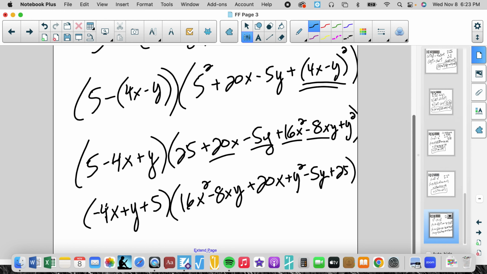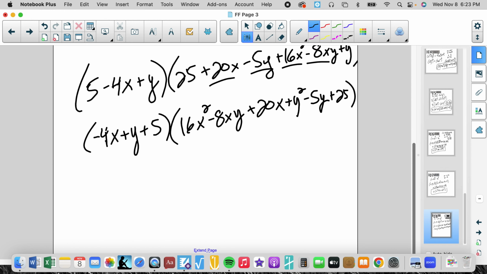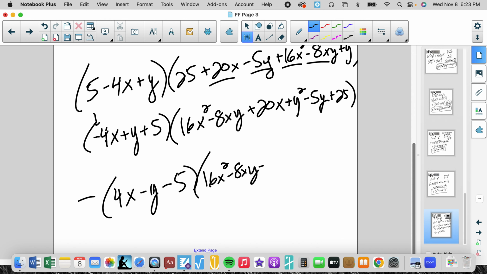There are no like terms there at all. And then you have this first term negative, so I'm technically going to factor that out and get this. And then 16x squared minus 8xy plus 20x plus y squared minus 5y plus 25.